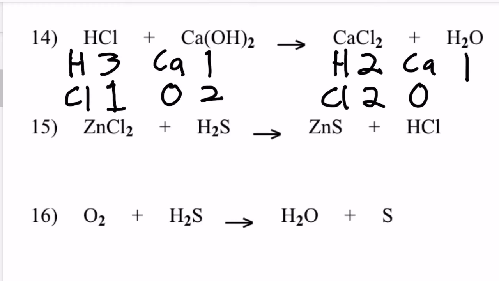And oxygen only appears in this one spot, so it's just 1. Okay, let's see what's balanced in this and what is not. You can see my calcium is balanced, but nothing else is. My hydrogens are not balanced, my chlorines are not balanced, my oxygens are not balanced. It's a big old mess.